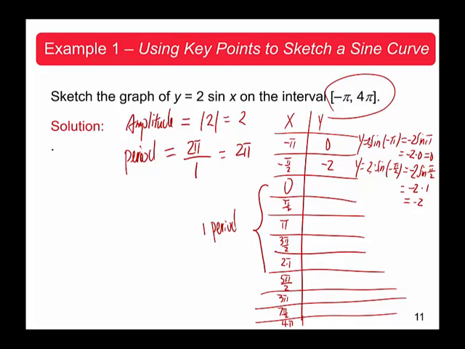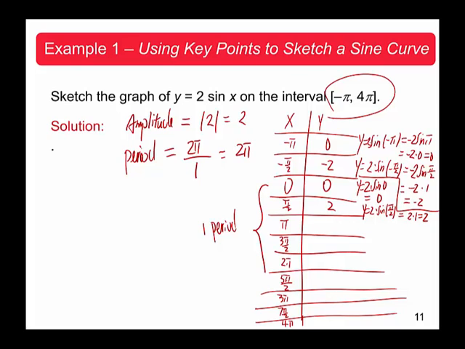And then 0, y equals 2 times sine 0, 2 times 0, that becomes 0. And then next one is y equals 2 times sine pi over 2. Sine of pi over 2, which is 90 degrees, equals 1, 2 times 1 gives us 2.